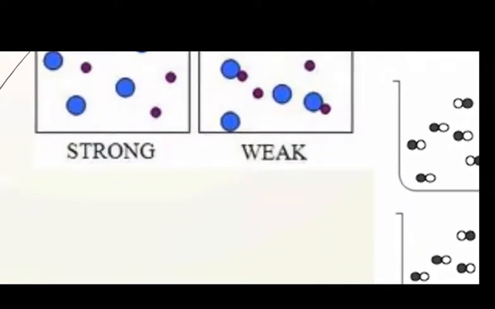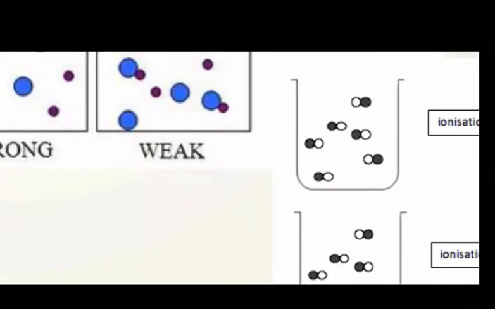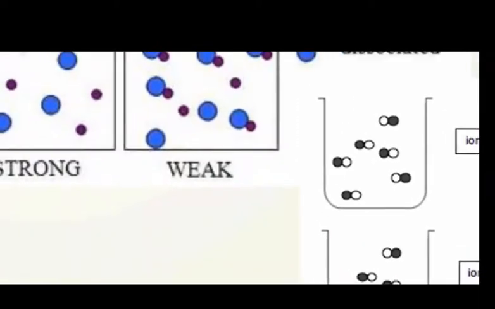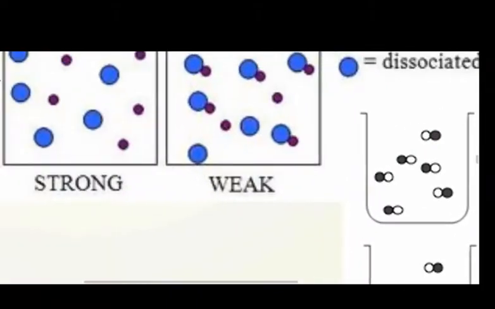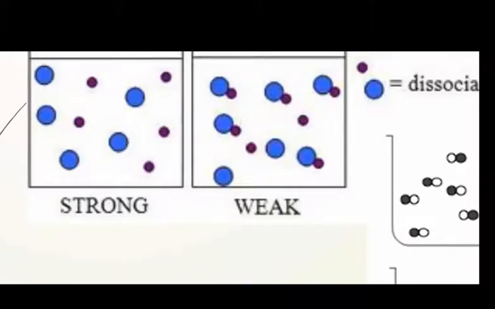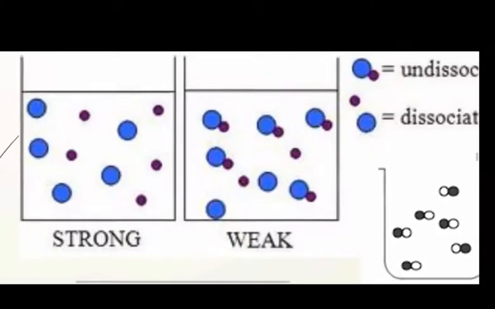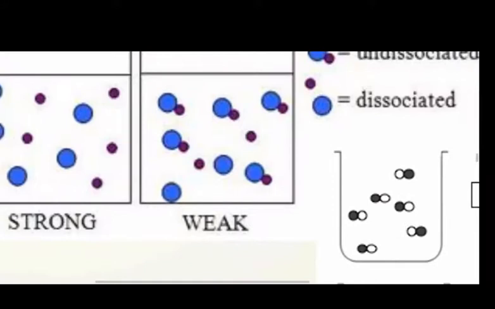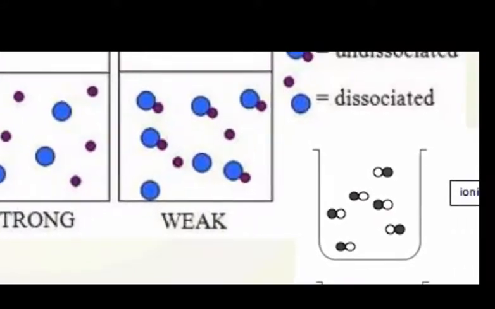Weak acids are those which dissociate only partially. Understood? They get dissociated only partially, and their H plus ions or H3O plus ions concentration will be low. They are weak acids and dissociated partially also.